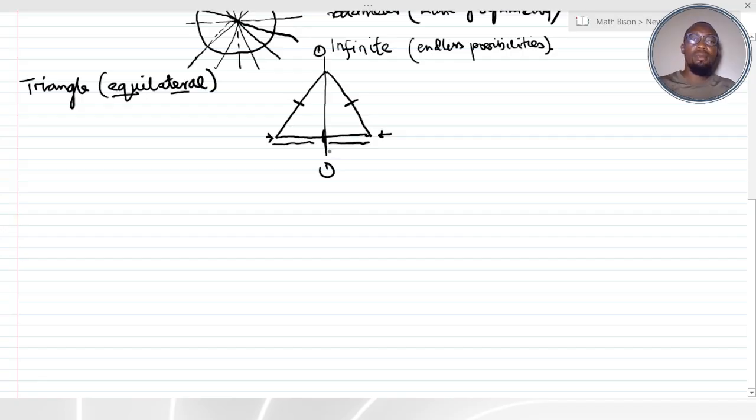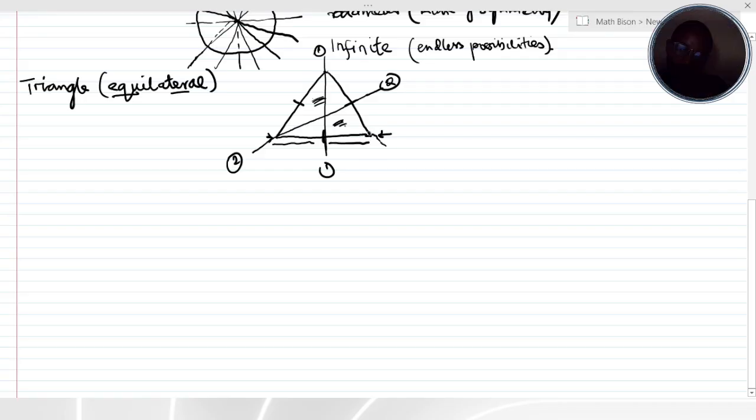Again, if you look at it from this other corner, we can also draw the same through this corner too, and you have a second line of symmetry, because this side will also fold and cover this side. Now there's still one more.